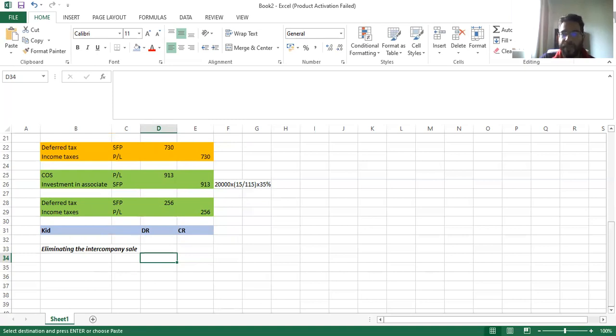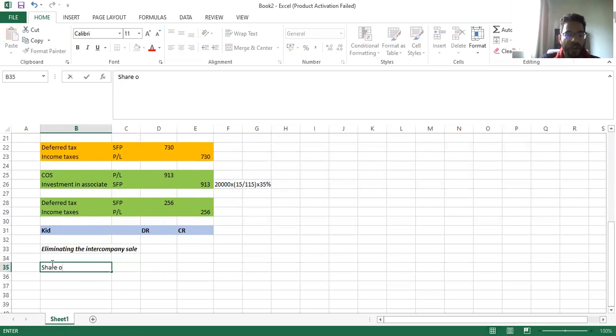So basically there's no need to have the intercompany elimination because the sale is not sitting with the parent, as the journal entry would look like this: share of associate's profits, share of associate's profits.